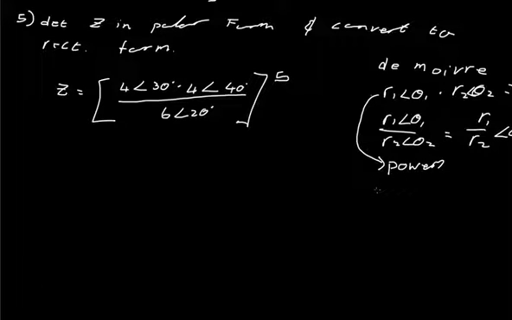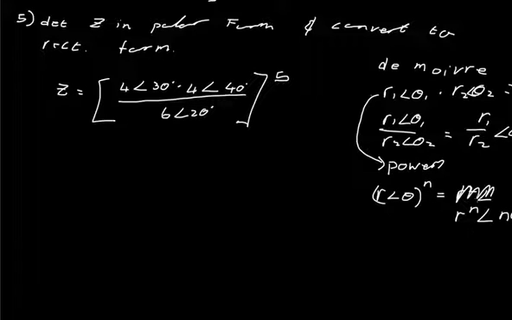But basically what it says is that R angle theta to the power of n is equal to R to the n angle n theta. So take R to the power of n, angle of n times theta. Okay, so let's do that.